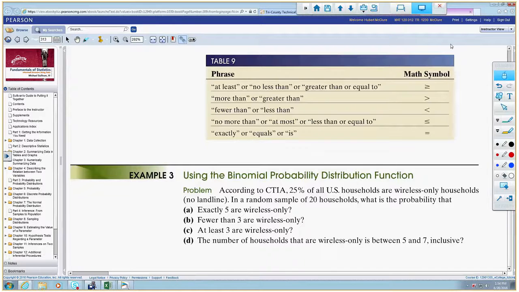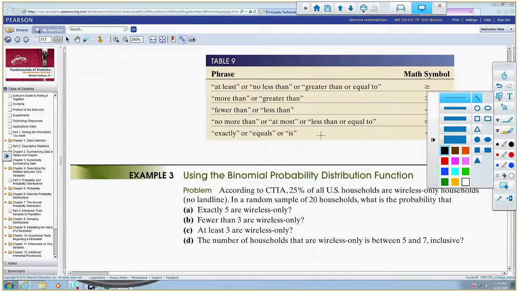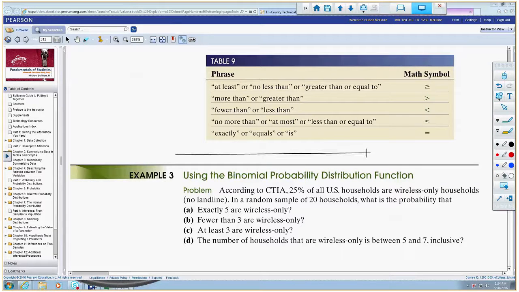I'll show you a trick learned in the war. Let me just draw a number line right here. And this is 0, 1, 2, 3, 4, 5, and so on.